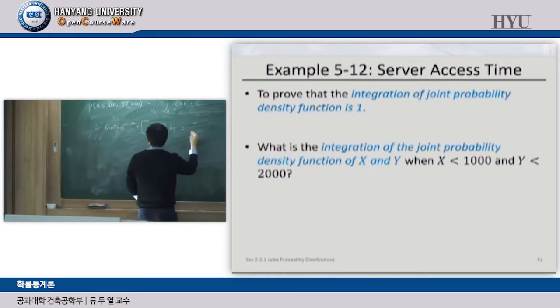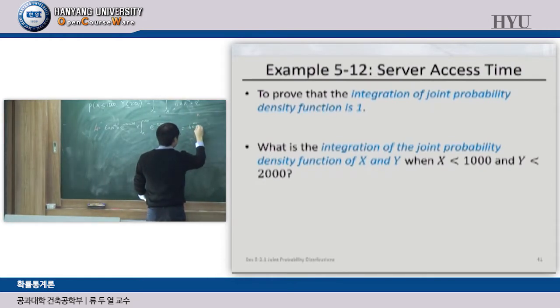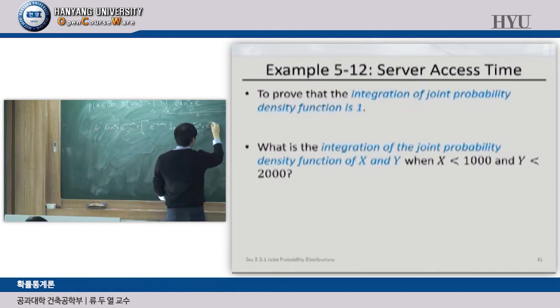And that is equal to 6 by 10 to the minus 6th power by exponential minus 0.001x by 0.002 exponential minus 0.002y from x to infinite.